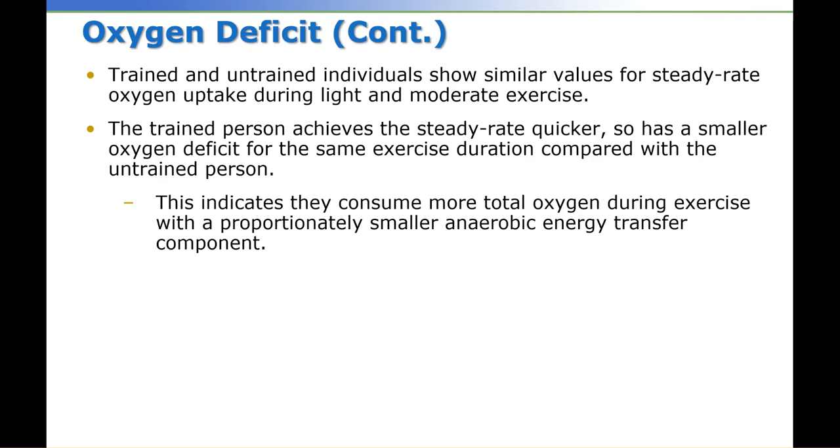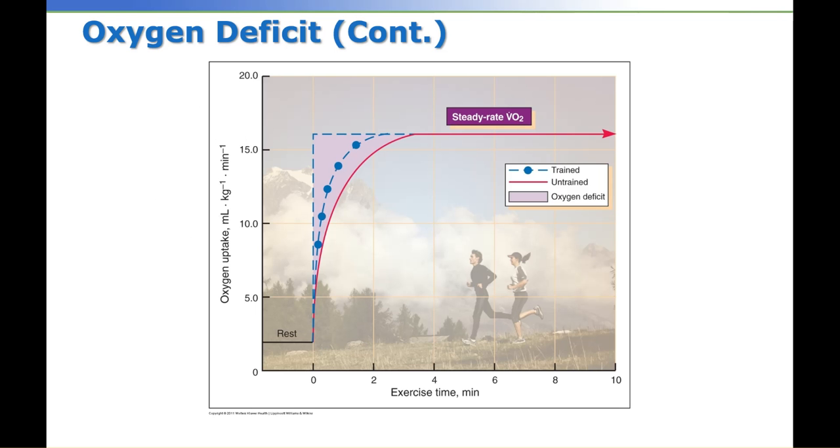The trained person achieves the steady rate quicker, so has a smaller oxygen deficit for the same exercise duration compared with the untrained person. This indicates they consume more oxygen during exercise, with a proportionally smaller anaerobic energy transfer component, because they've been more conditioned to this through training.